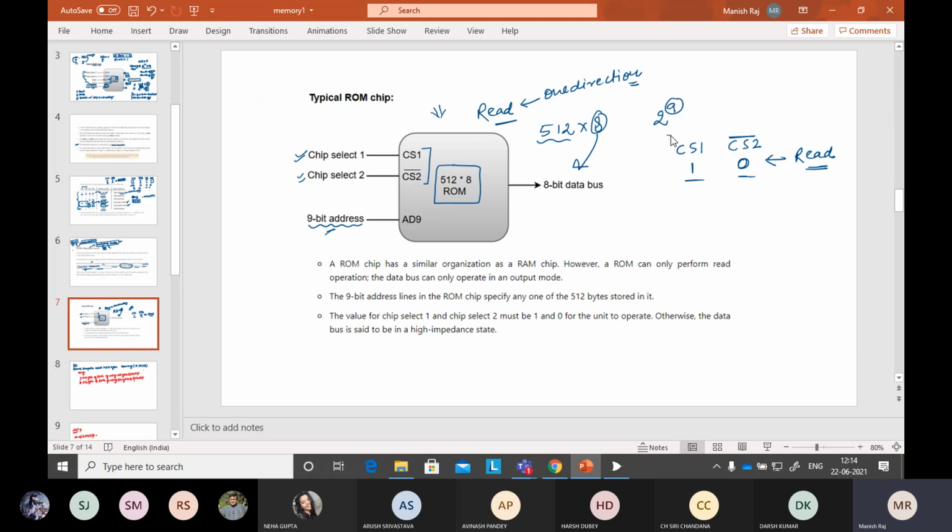There is no need of that. So if CS1 is 1 and CS2 bar is 0, then you are doing the read operation, and it is occurring here. Okay, so this part is clear. The structure is easier than the RAM. Only one directional, you can do the read operation here only. So is this part okay in the room?